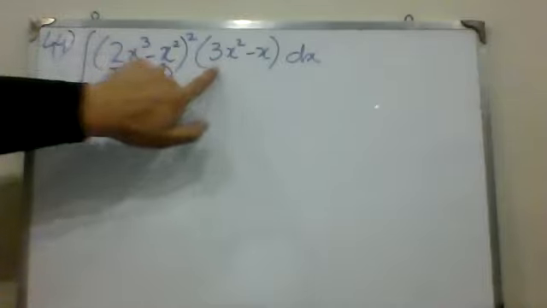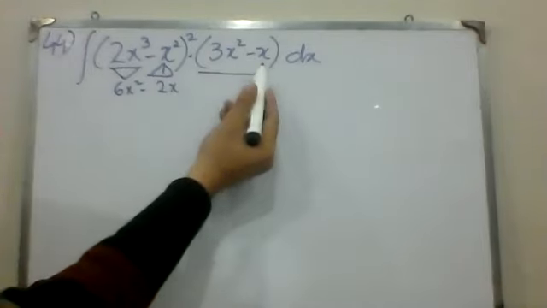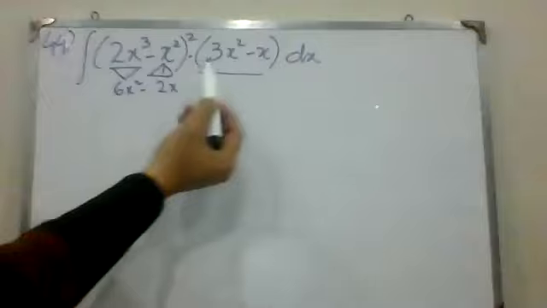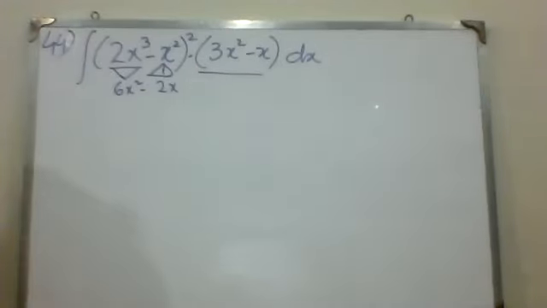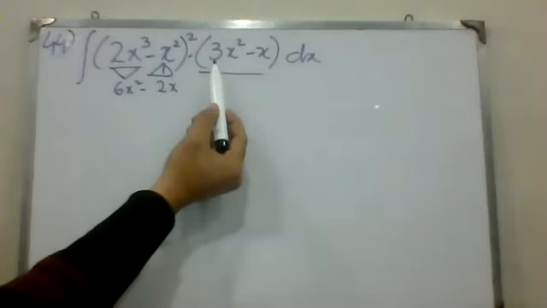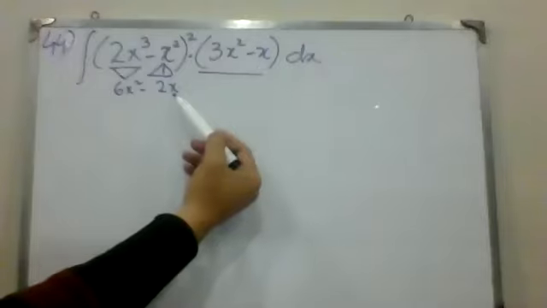Now here, in the multiplication, the second term is 3x square minus x. So how can we manage that term so that the term will be the same? How can we manage this, tell me. Shabash. Multiplying and dividing by 2. If we multiply this with 2, we get 6x square, and multiply this with 2, we get 2x.